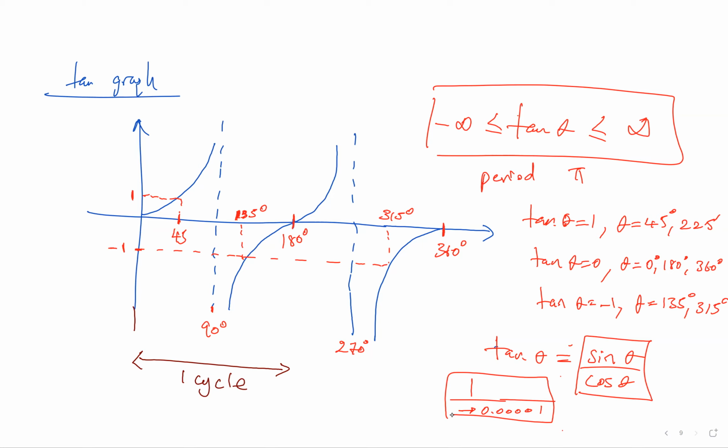I think I covered the part already, but we just need to do a few examples to showcase how this would affect us when drawing graphs. So maybe we can take a look at sine theta first.